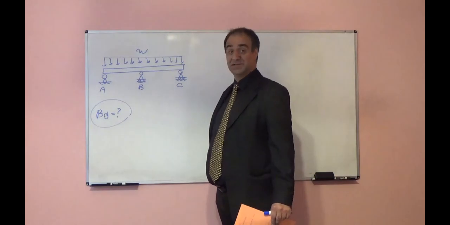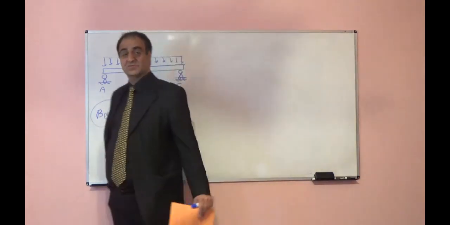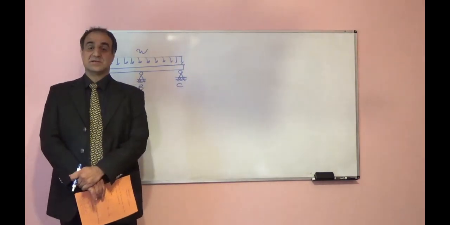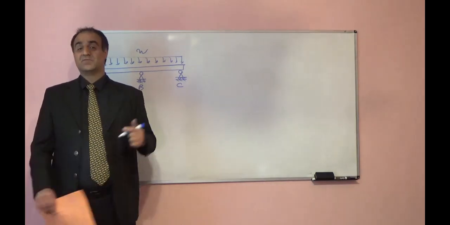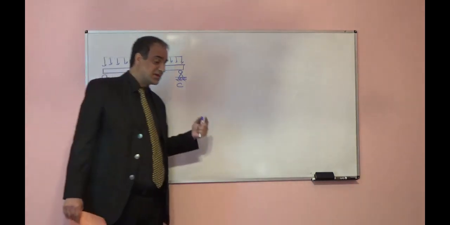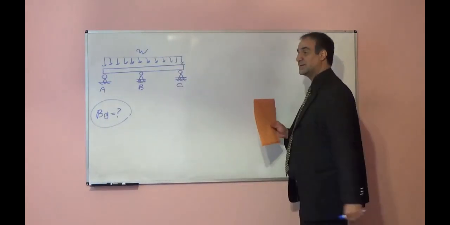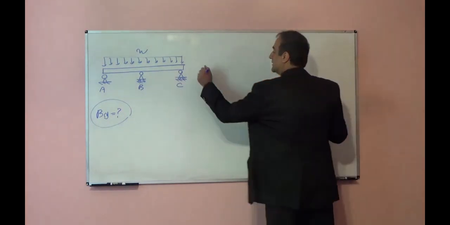We can write 3 equilibrium equations: summation of force in the horizontal direction equal to 0, summation of force in the vertical direction equal to 0, and summation of moment with respect to one support equal to 0. So there is one unknown more than the number of equations. It is 1 degree indeterminate. We should use a compatibility equation.